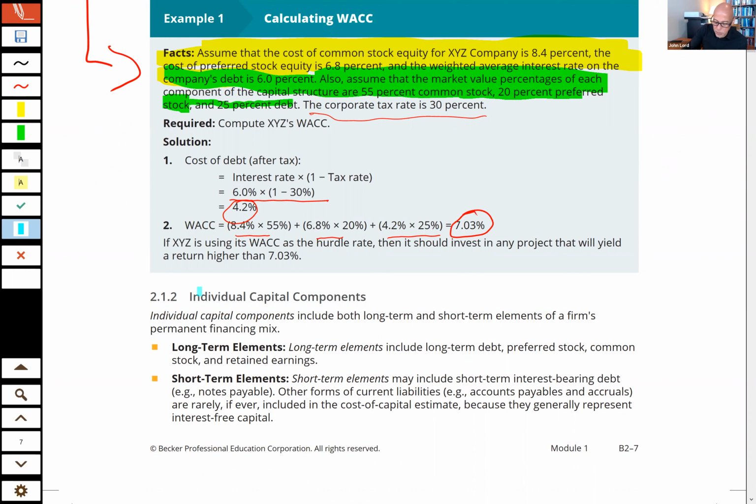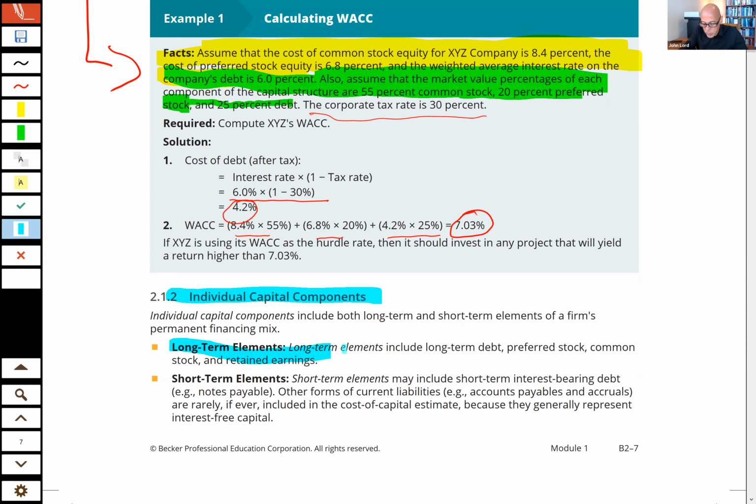Okay, good. Now let's go ahead and start to look at those individual components. And we're going to start in a minute here with our cost of debt. But before we do that, let's just take a look.